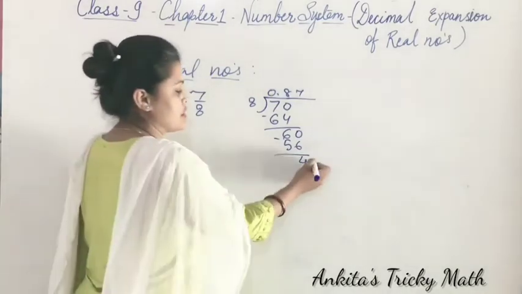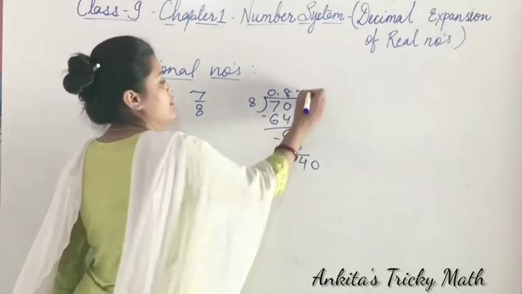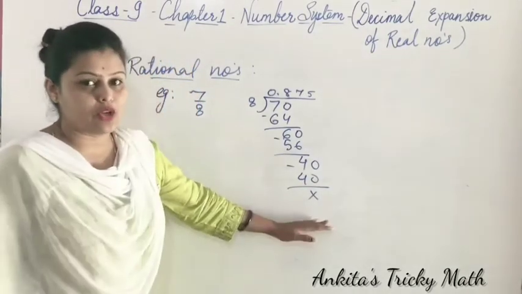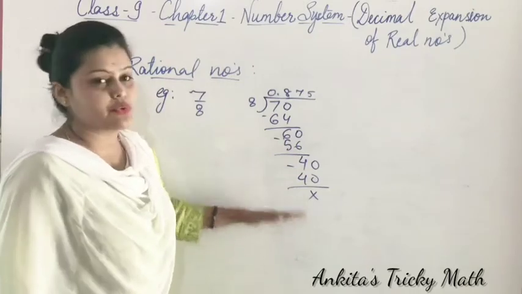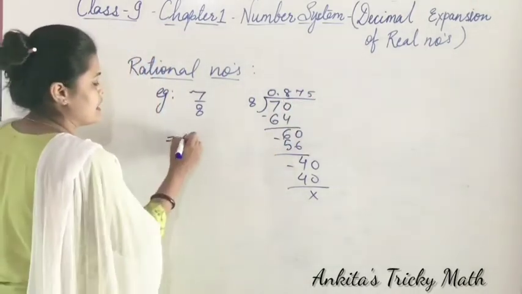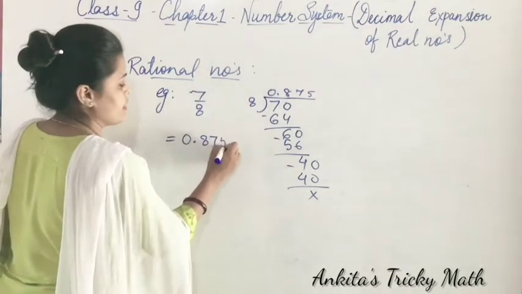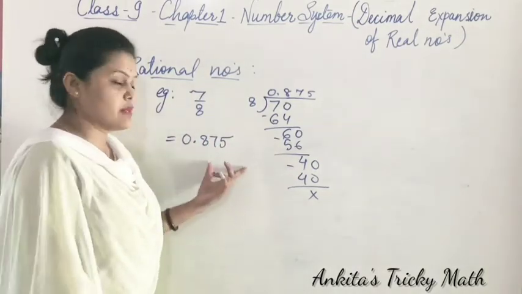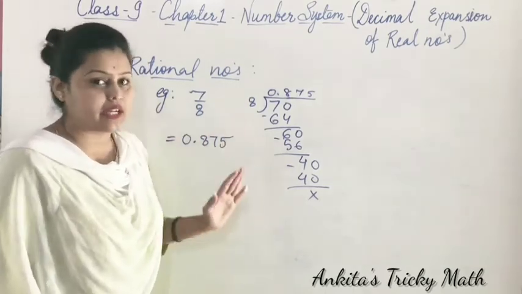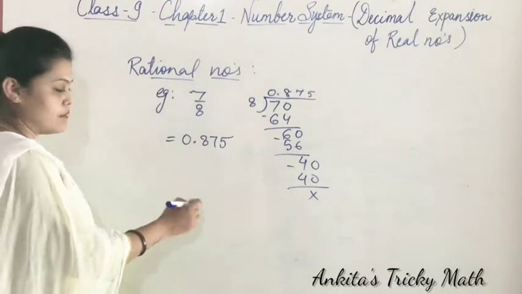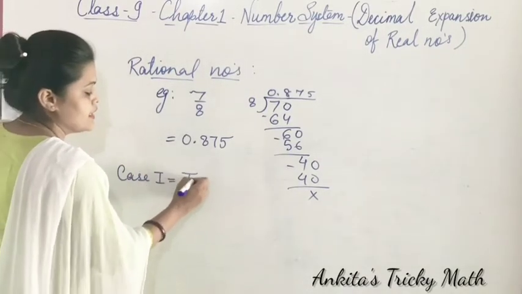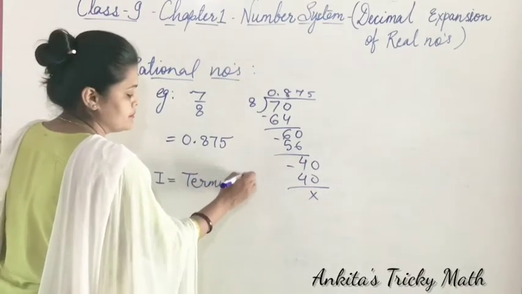We can put one more 0. Now 8 5s are 40. Now the remainder is 0. That means the division is completed and we got a decimal number, 0.875. This decimal number ends, it is terminated. So this type of rational number is terminating.